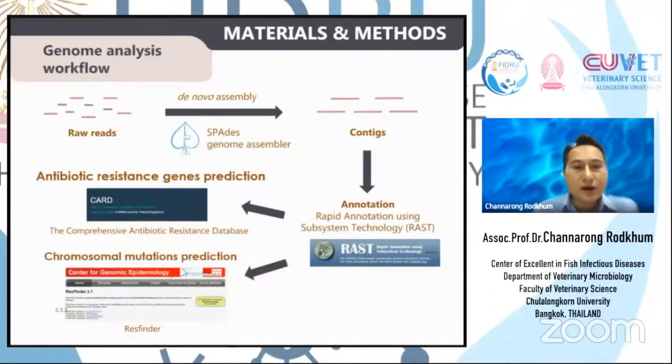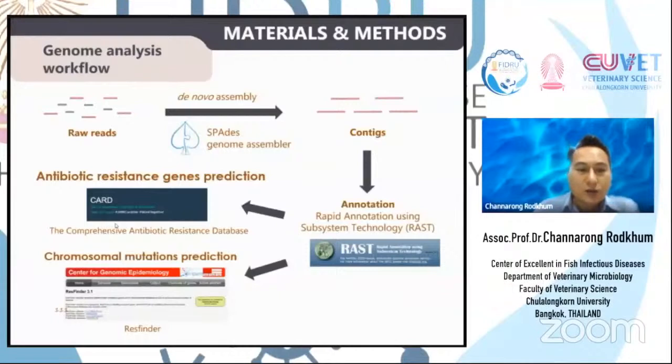After we get the raw data from NGS, we have to do contig assembly. We have to do annotation using Rapid Annotation using Subsystem Technology, or RAST. After that, we use the Comprehensive Antibiotic Resistance Database, or CARD, to identify antibiotic resistance gene prediction.